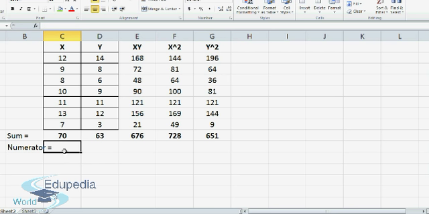Numerator we have n multiplied by the summation of x into y, minus sum of x into the sum of y. We'll put this also in parenthesis.